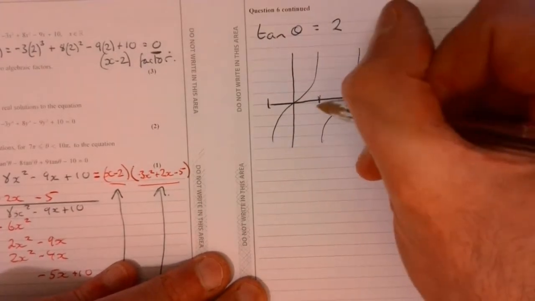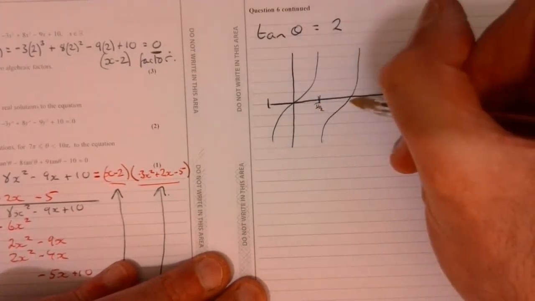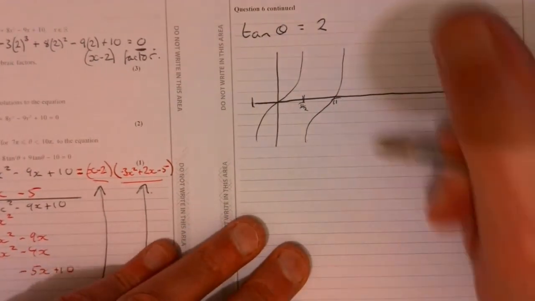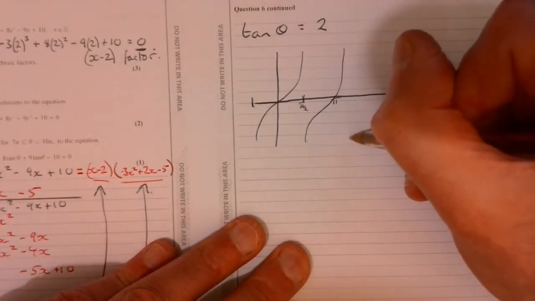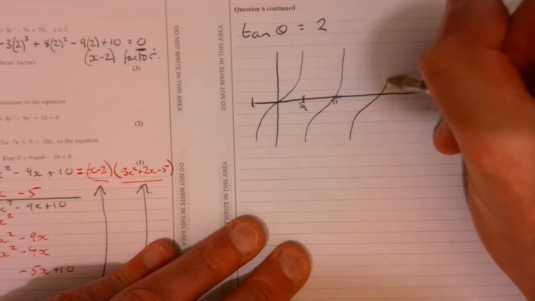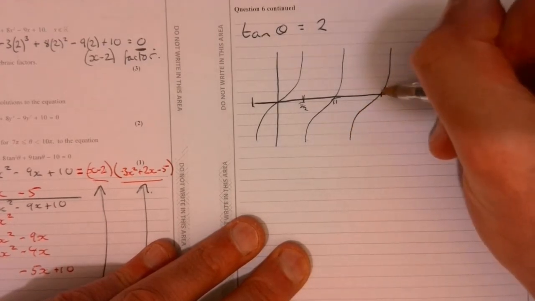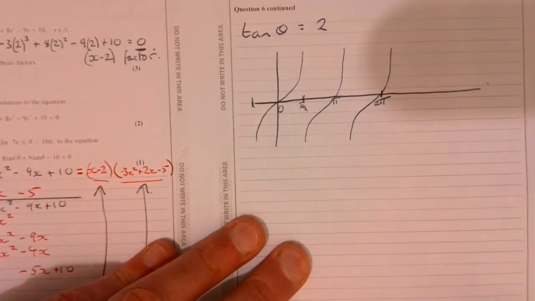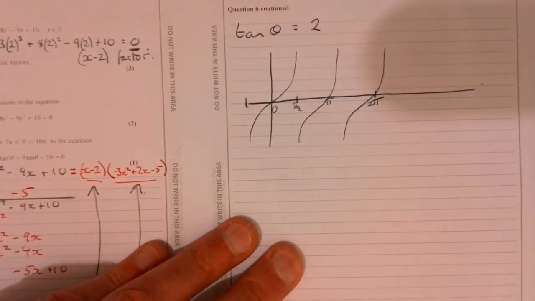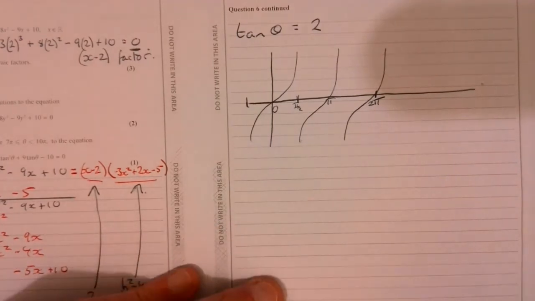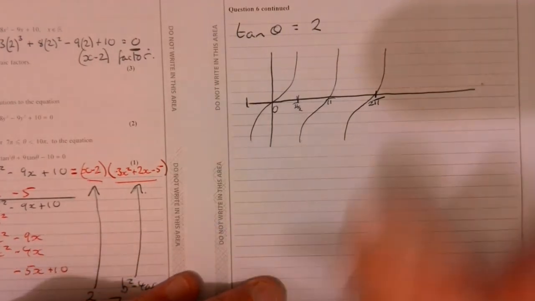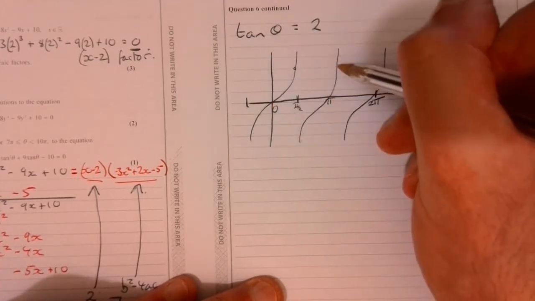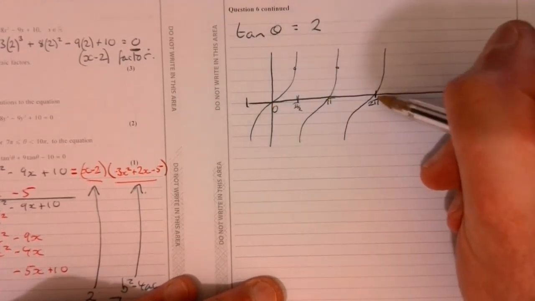This value here is pi over 2, and that's pi. Now I could carry on here, but let's think about what happens further down the line. That's 0, and that's 2 pi. When we do the inverse tan of 2, I'm going to have one solution from 0 to pi, and another solution from pi to 2 pi.